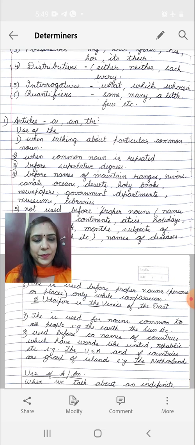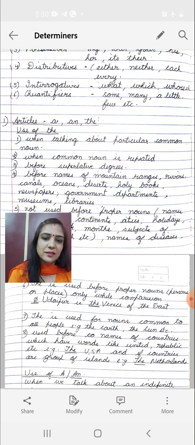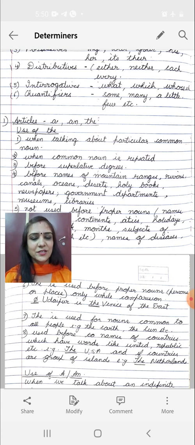So we don't use any article before words where we are referring to a general sense or we are referring to a proper noun. Now where do we use the article the when we are talking about a definite common noun? Then in that case we'll put the article the. This I have discussed before. Now where else can we use the article the? Of course, first, when we are talking about a particular common noun. Second, when the common noun is repeated. Like I'm telling a story.